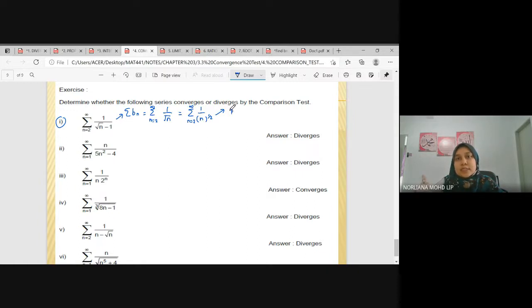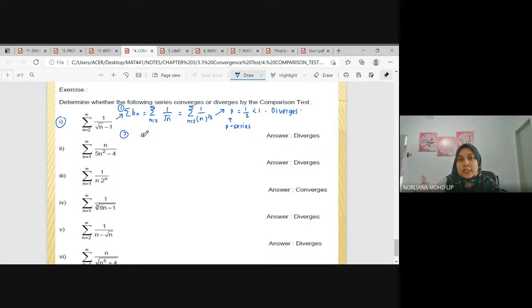So P is 1 over 2, from P series. So it is less than 1, right? So less than 1 is divergent. This is the first step.